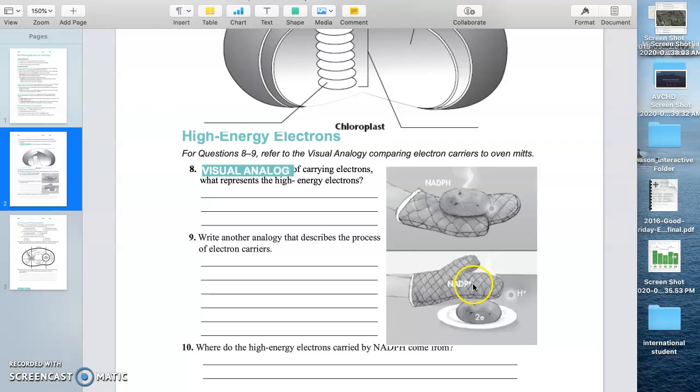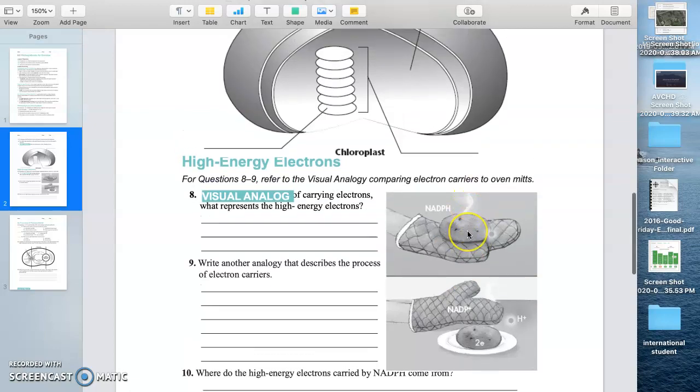And how does it get back its heat? Well, it has to go grab another potato. It has to go grab more high energy electrons from photosynthesis. So this is just showing that NADPH is a carrier of electrons, just like a hot potato is a carrier of heat.